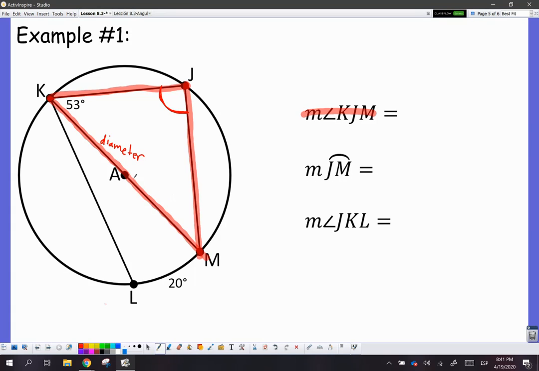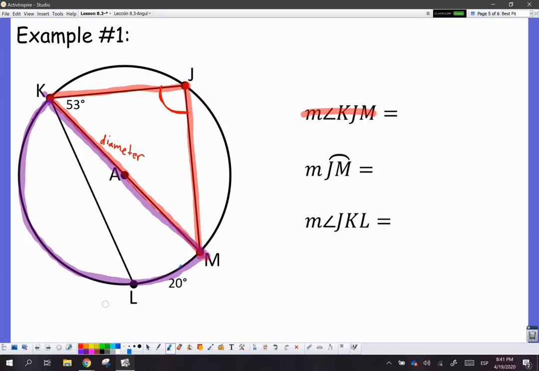But knowing that this is a diameter tells me that this arc out here, which I'm going to outline in purple, this arc KLM, is a semicircle because a diameter cuts a circle in half, right?